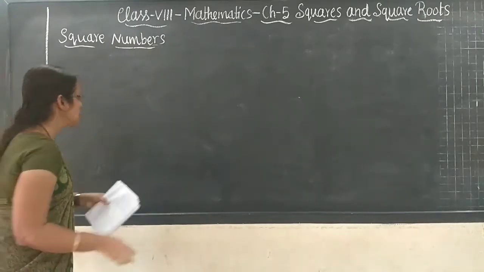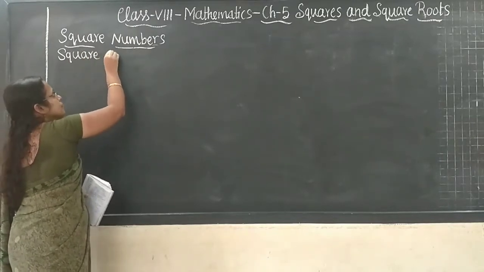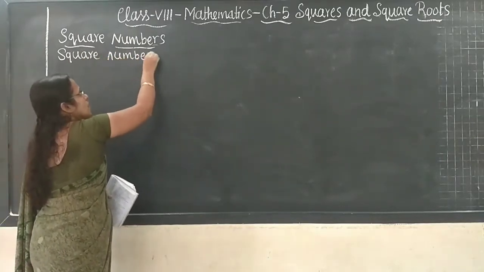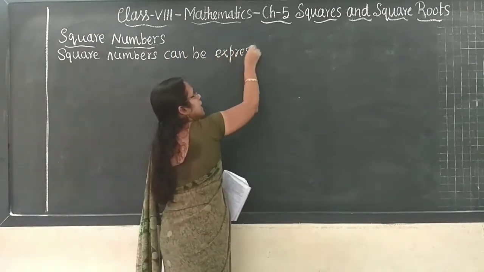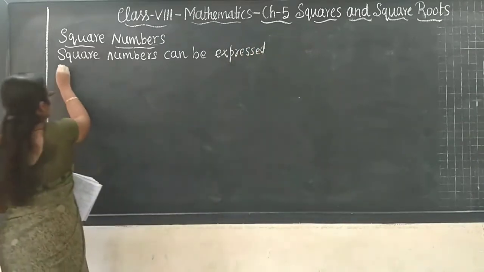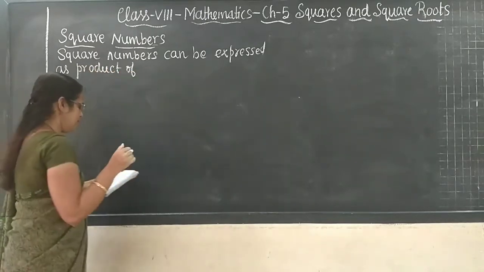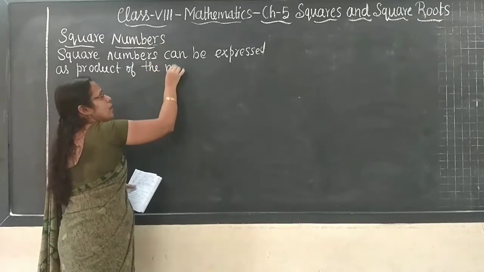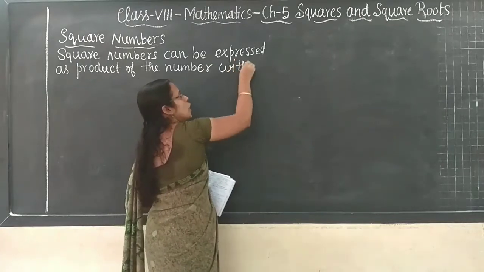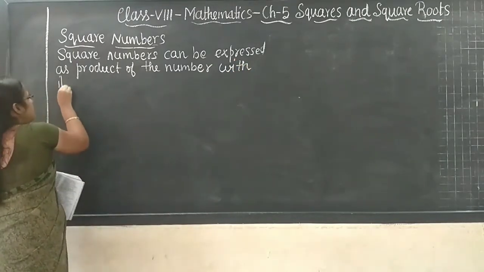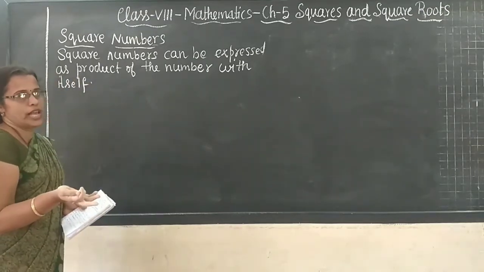Square numbers can be expressed as the product of the number with itself.